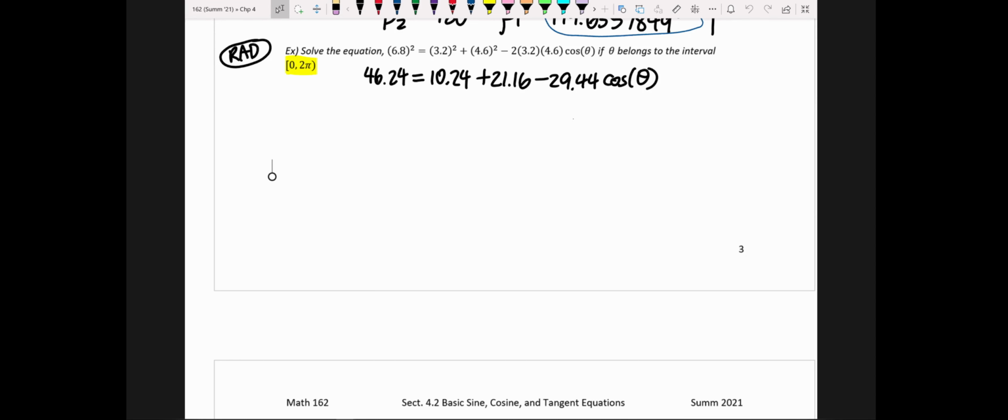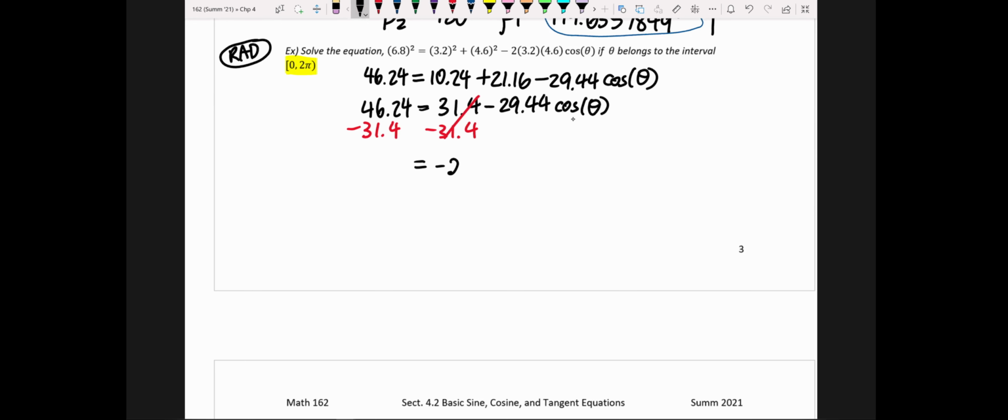Step 1, isolate the trig function. Okay, so let's go ahead and combine like terms here. Use our algebra skills, combine like terms. We want to get the constants on one side.